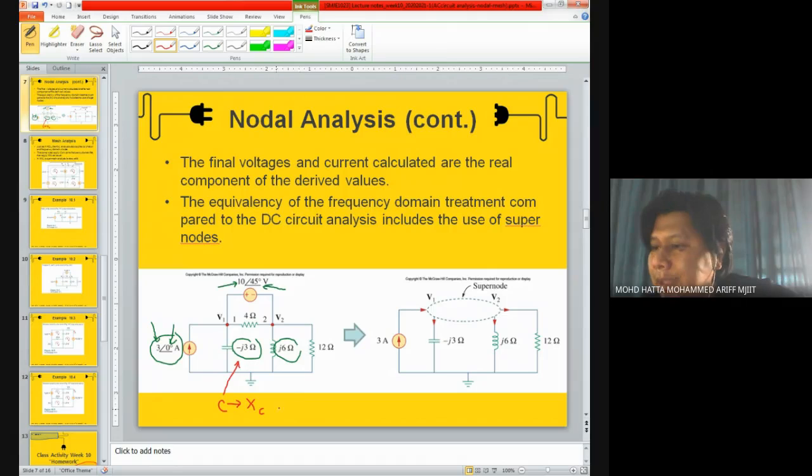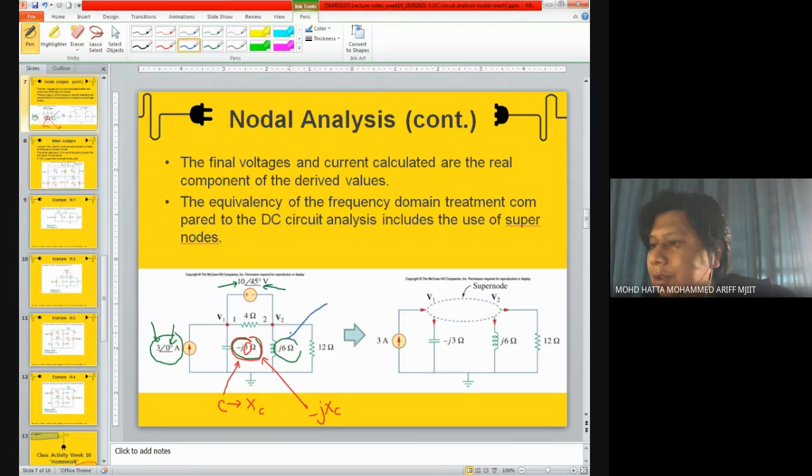Here the capacitor is converted into XC, and basically XC is the value. If you look here, XC is only this value, 3. The whole thing, negative j3 ohm, is considered as negative jXC. The same goes for the inductor.